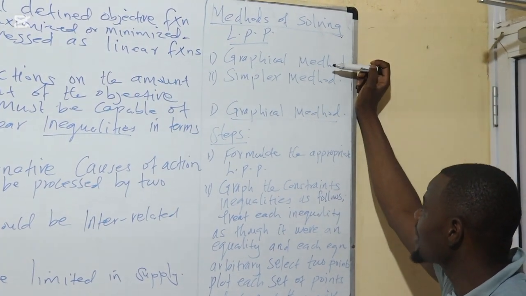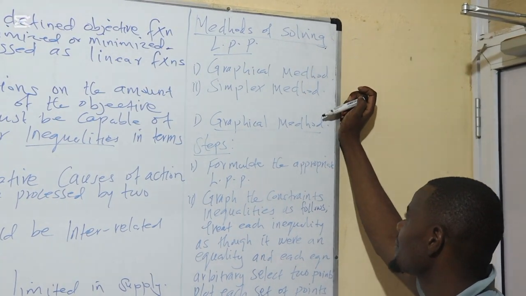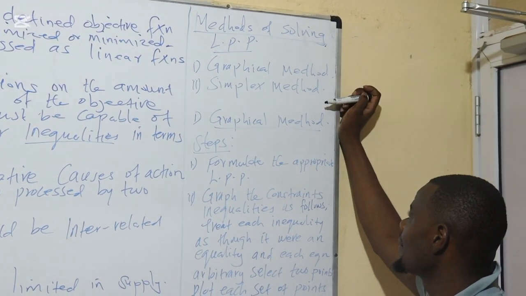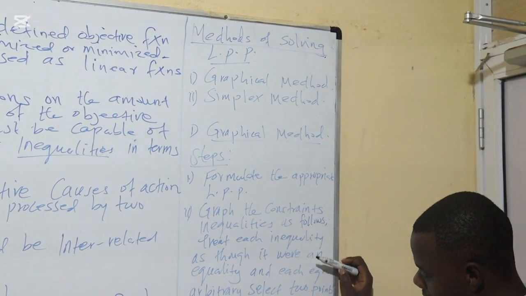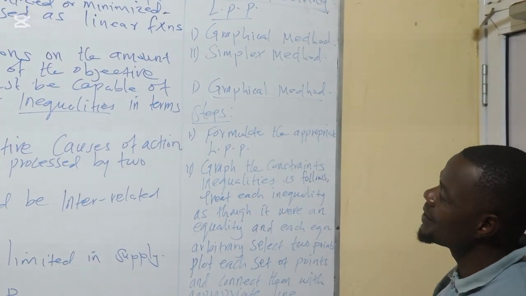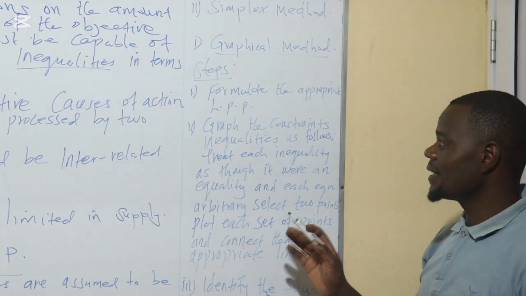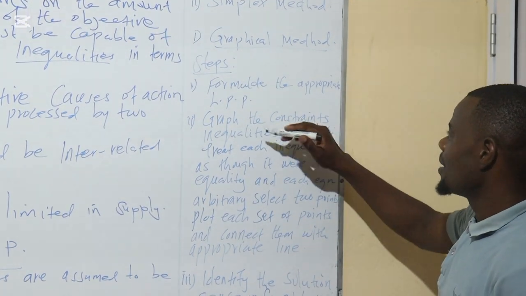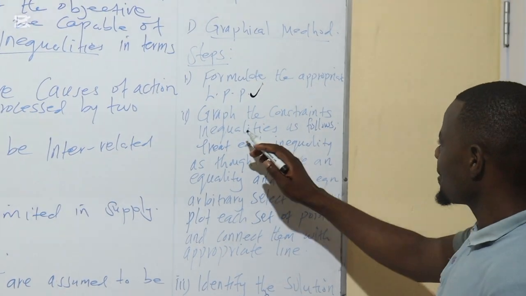But now let's look at the graphical method and the simplex method. In the graphical method, these are the steps you are going to follow. Step number one, you must know how to formulate the appropriate linear programming problem. Formulation first. Then we are going to graph the constraints.